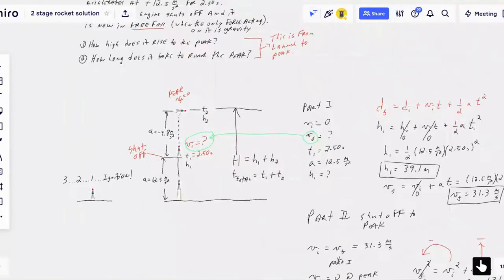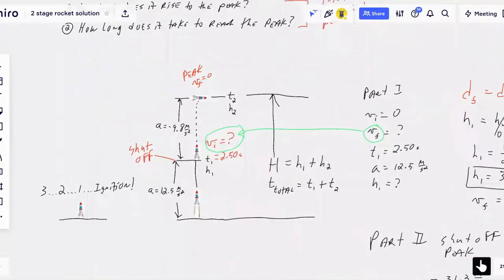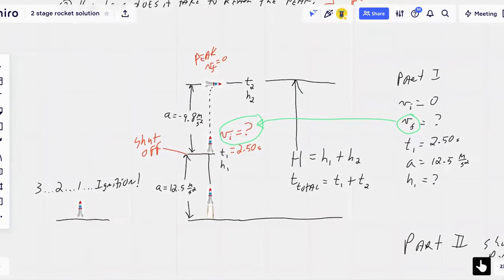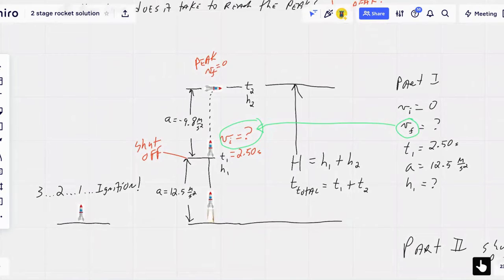Okay, so just to visualize what's going on here and break it into different parts. Here's the rocket. It's on the launch pad, ignition. It's leaving the launch pad, and it's accelerating at 12.5 meters per second squared, and it reaches some height.